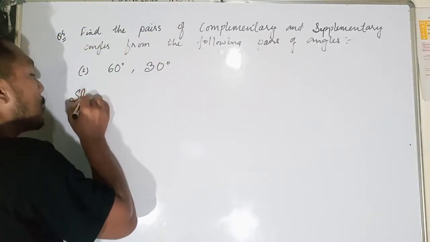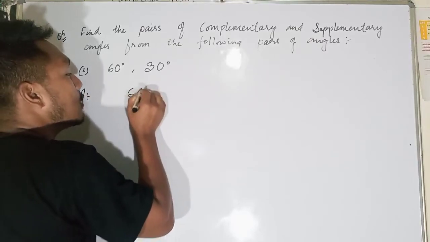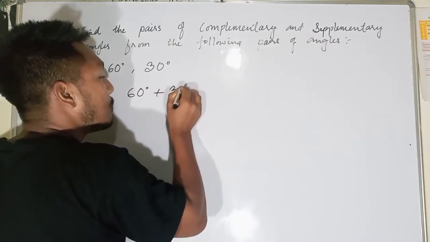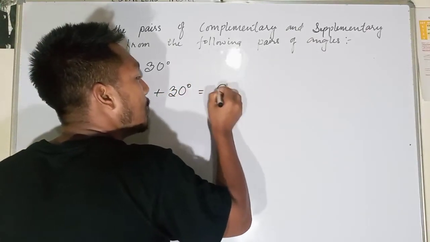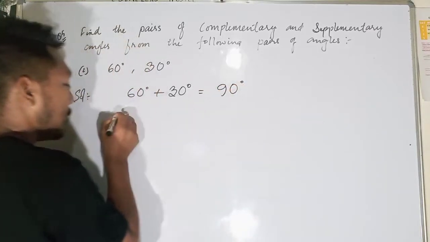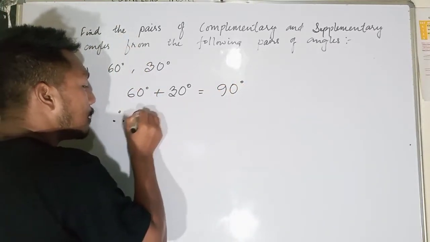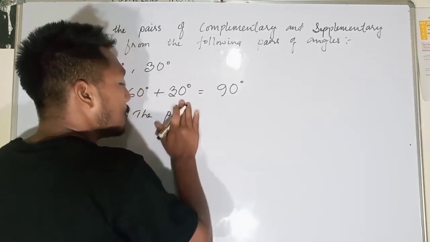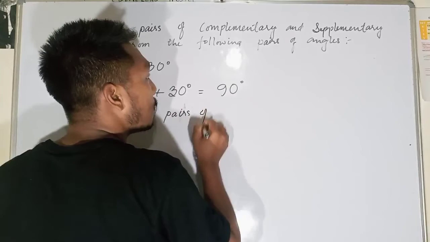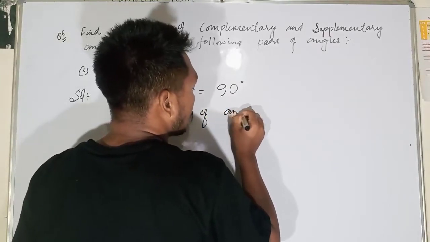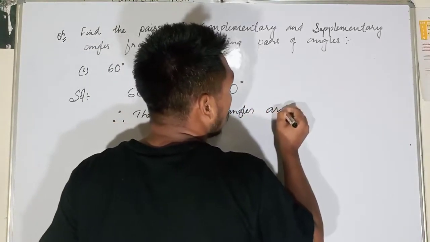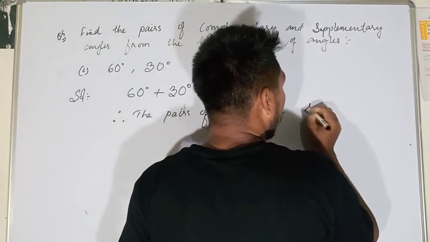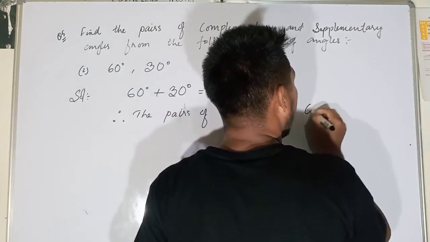We know that 60 degrees plus 30 degrees, the sum of these two angles, will become 90 degrees. Therefore we can write the pair of angles are complementary because the sum is 90 degrees.